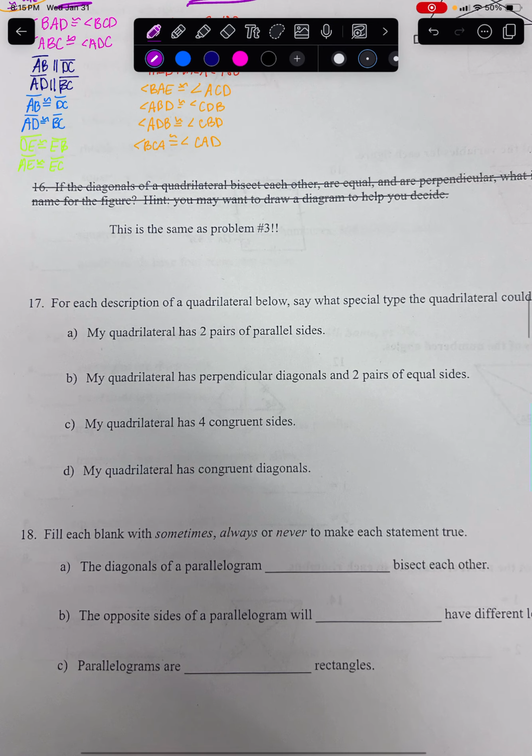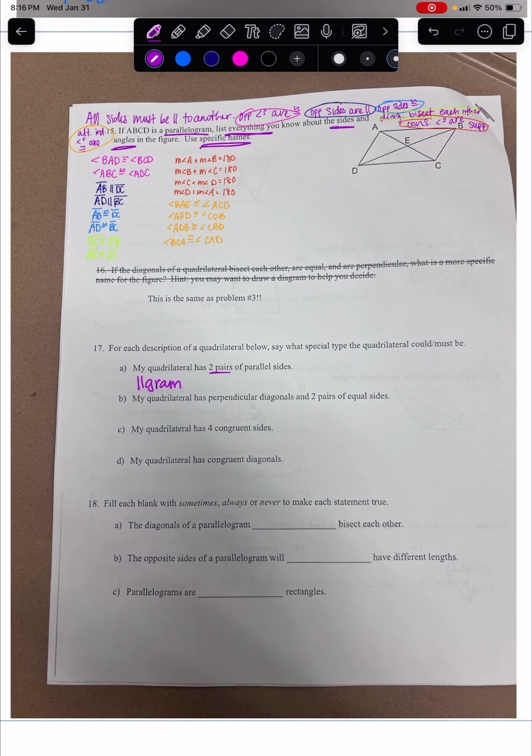So my quadrilateral has 2 pairs of parallel sides. Well, that could be a parallelogram because I don't like how small this is. That would mean, if we look up here, that the opposite sides are parallel.